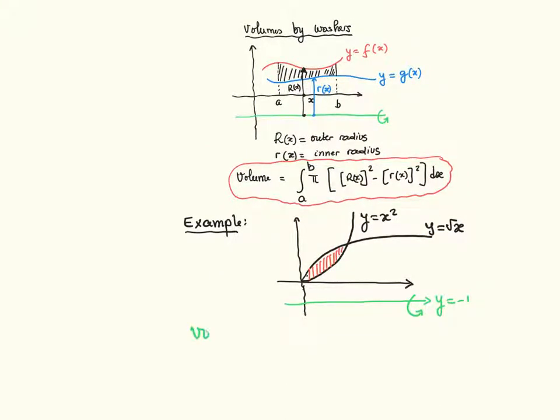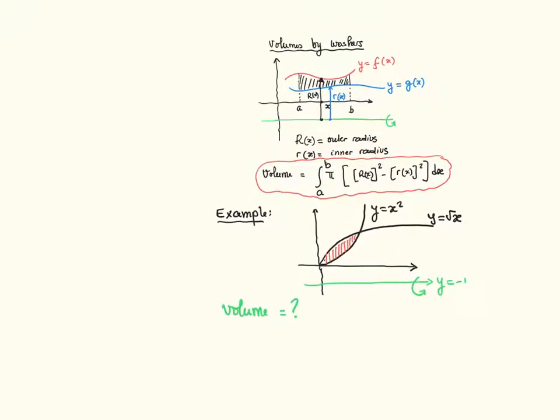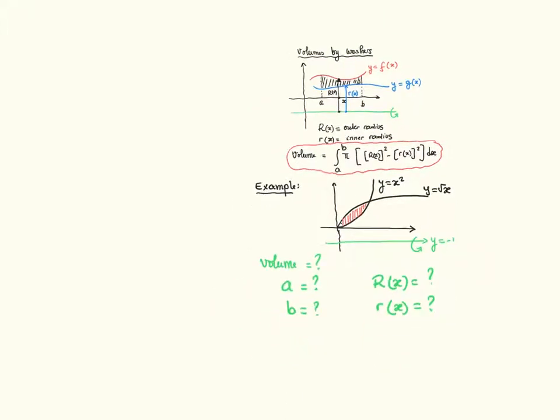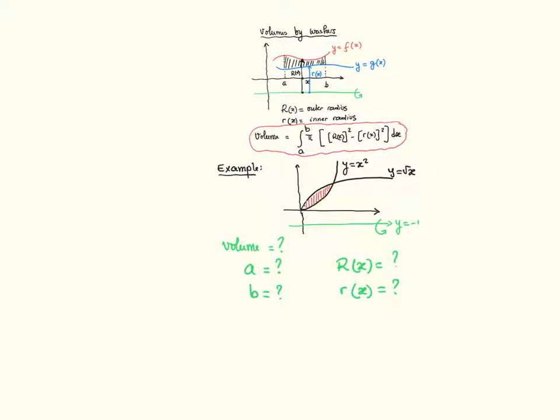To find the volume, of course, I need four quantities. I need to find what is the A, what is the B, what is the outer radius R of x, and what is the inner radius r of x. So these are the four quantities that we need to determine to find the volume.